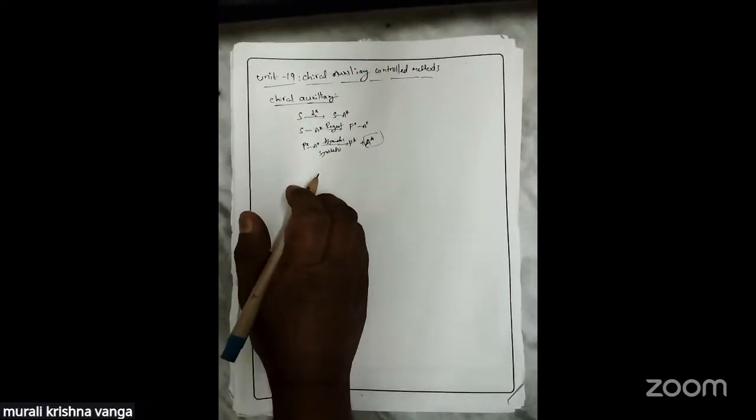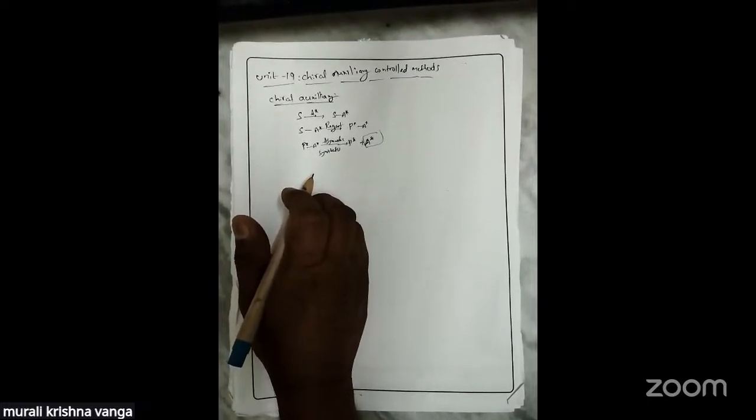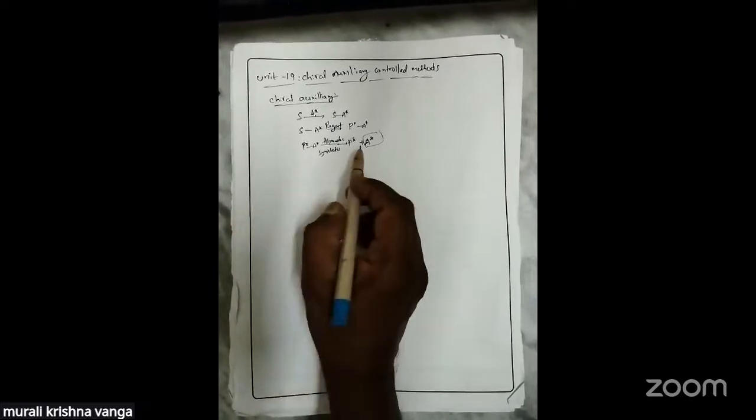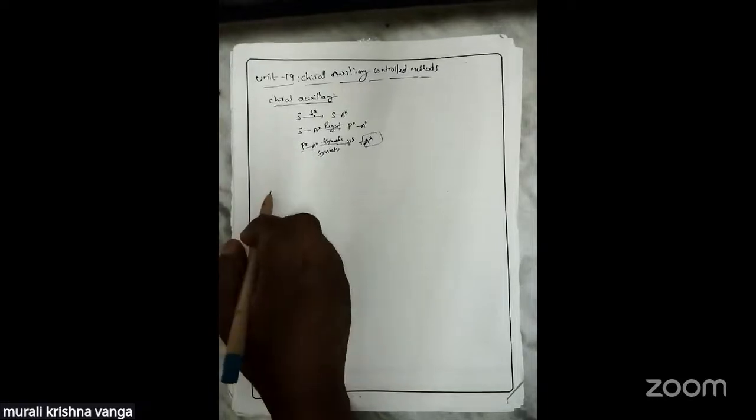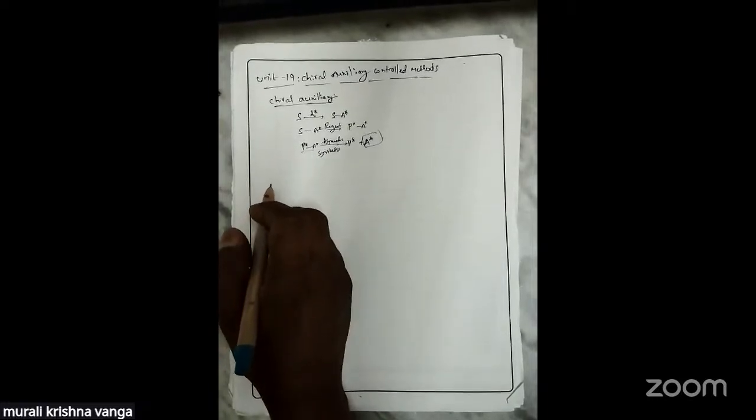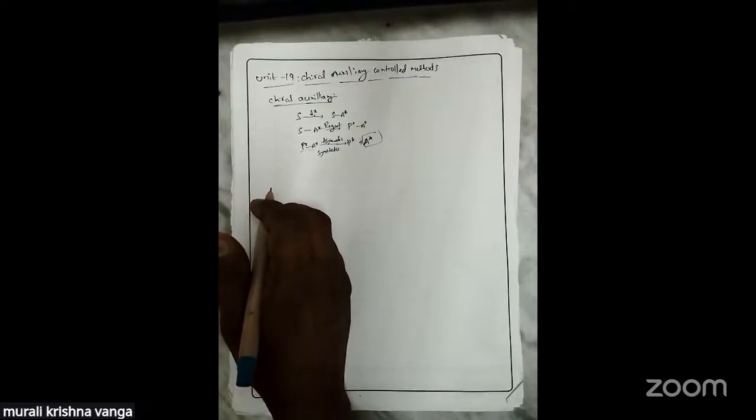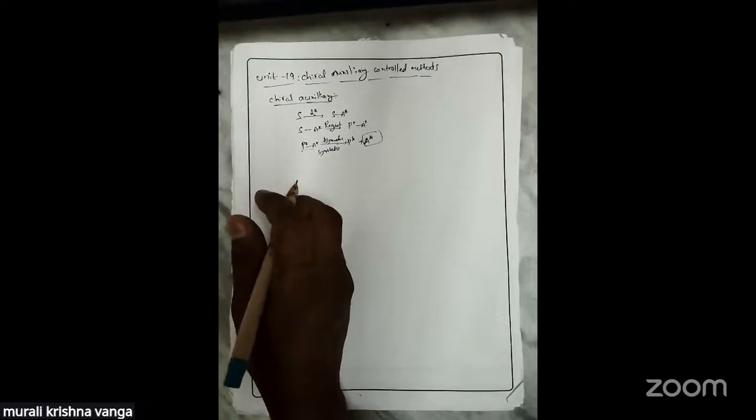So the chiral auxiliary can be recovered and the diastereomeric products can be separated, usually by chromatography methods. The following examples illustrate the auxiliary controlled asymmetric synthesis.